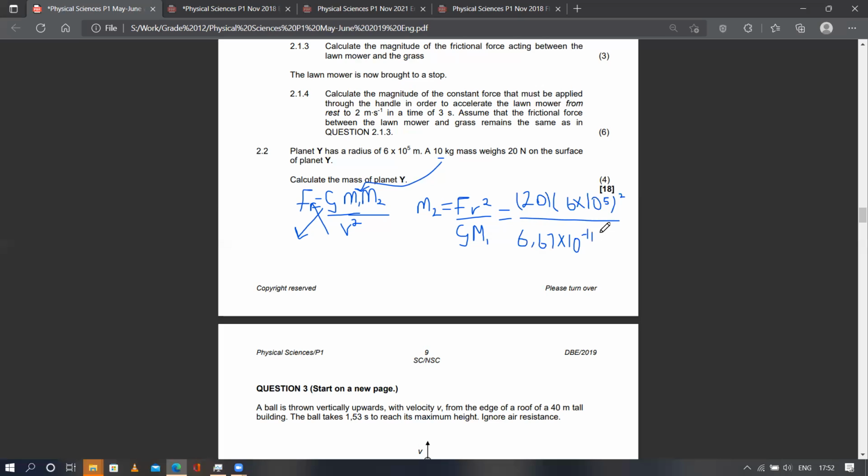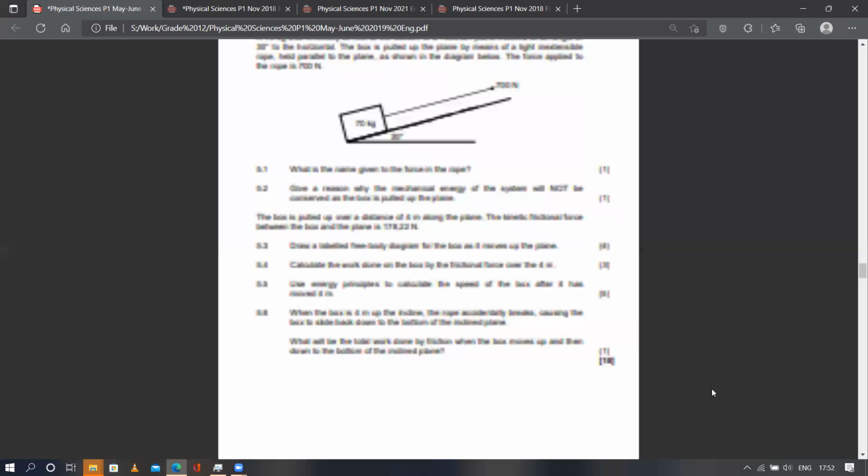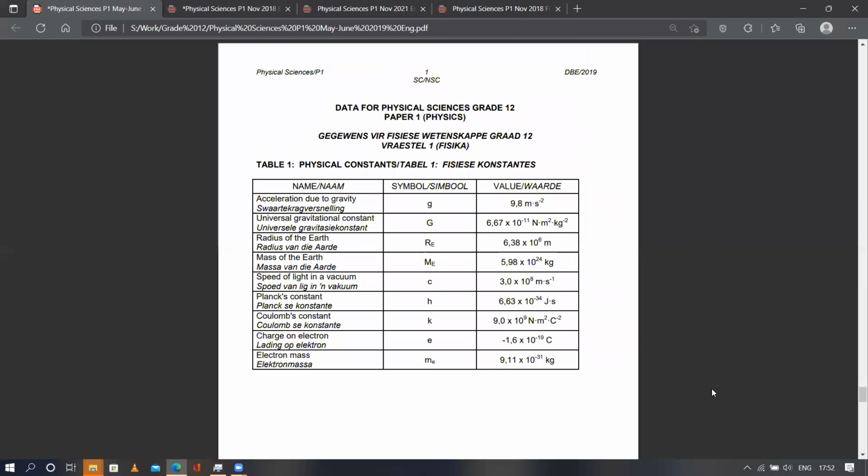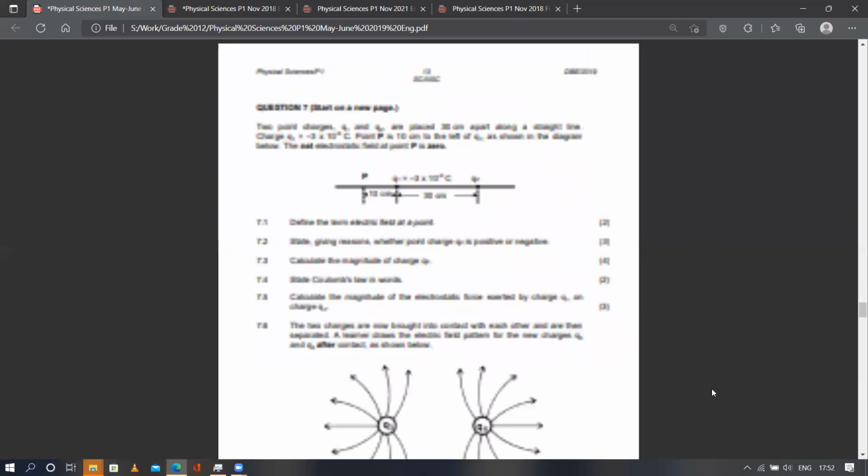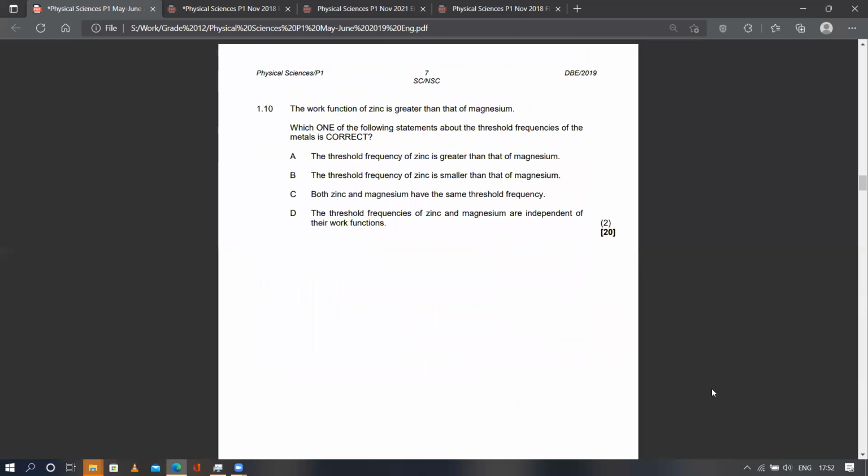And you're going to multiply it by your 10 kilograms. Let me just make sure about the value of G, because I'm not so sure. Let me just go down. Yeah.